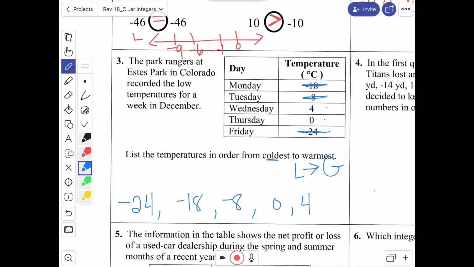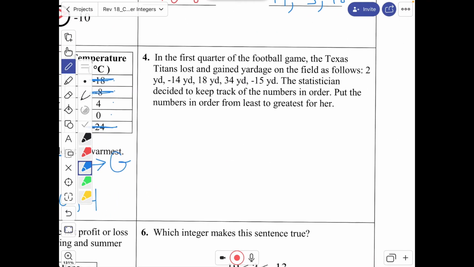Number 4, in the first quarter of a football game, the Texas Titans lost and gained yardage on the field as follows: 2 yards, negative 14 yards, 18 yards, 34 yards, negative 15 yards. The statistician decided to keep track of the numbers in order. Put the numbers in order from least to greatest.